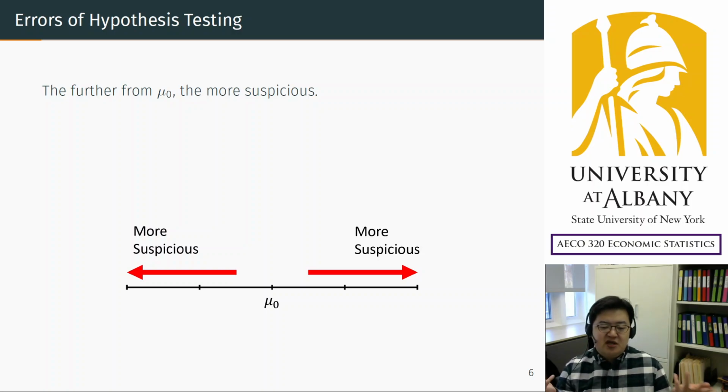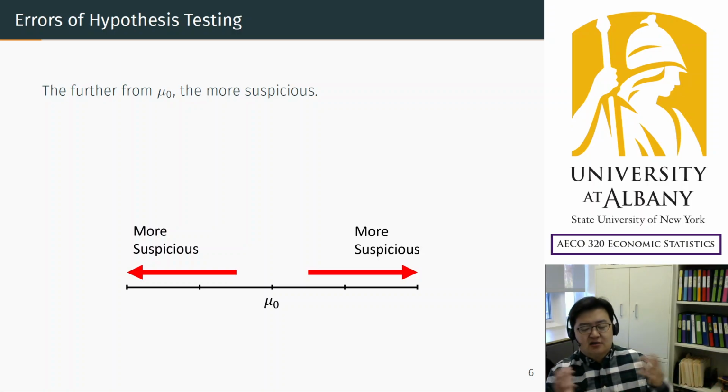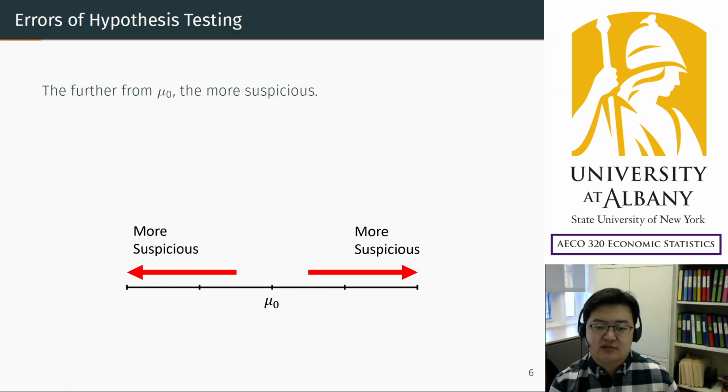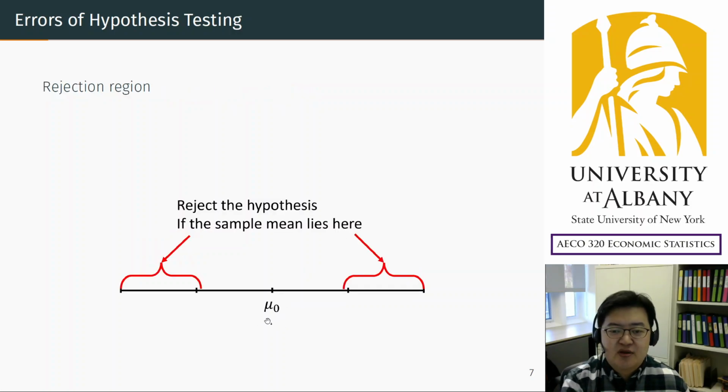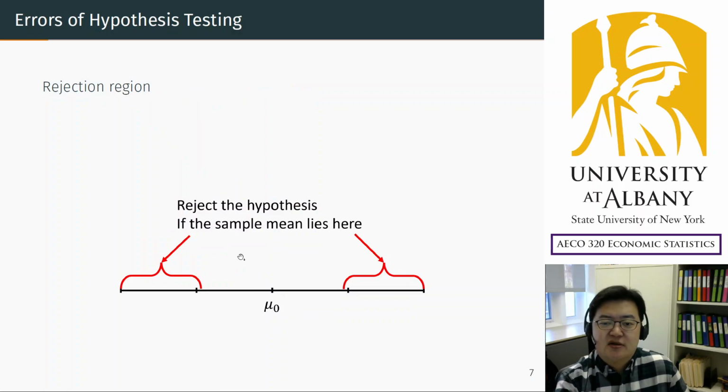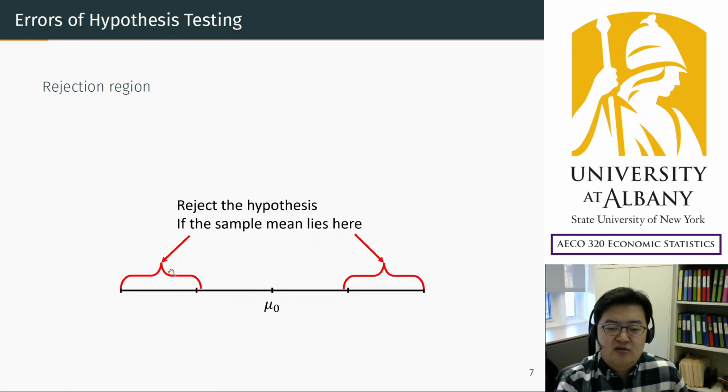Something is going on. Something is not right; they are not consistent. This is exactly the idea: if the observations are further away from your belief, something is not right. So as a result, we will decide to reject the null hypothesis if the sample mean is outside, like here.